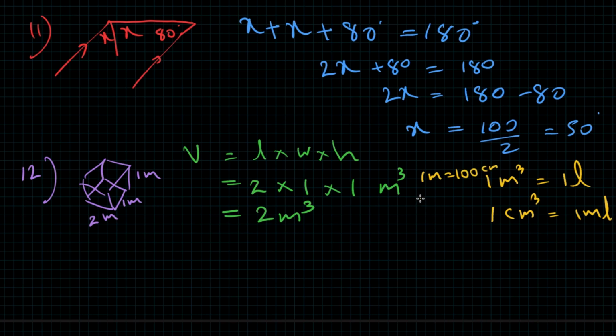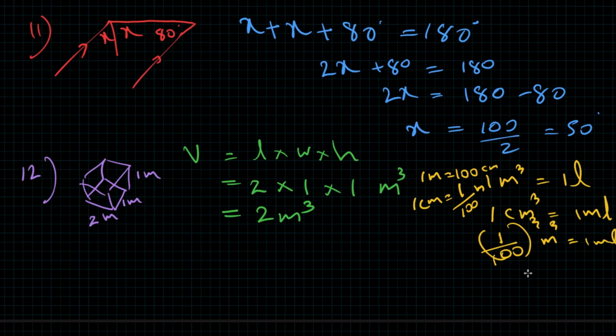Now 1 centimeter equals 1 out of 100 meters. And if we substitute this into 1 cubic centimeter, we get (1 out of 100) to the power 3 cubic meters, equals 1 milliliter.